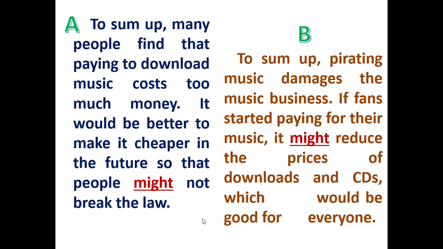Or do you have any ideas why the writer used this word? Well, the answer is because the writer is expressing a future possibility. Therefore, it is not a fact. So that is the reason why the writer chose the word might instead of will.